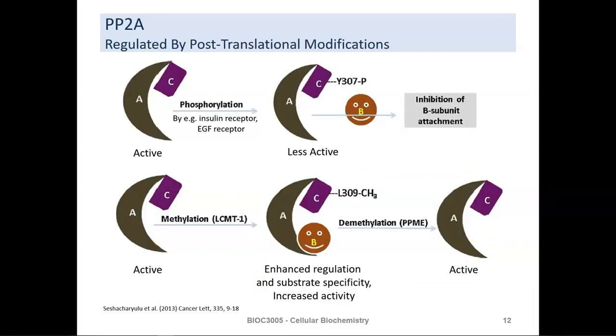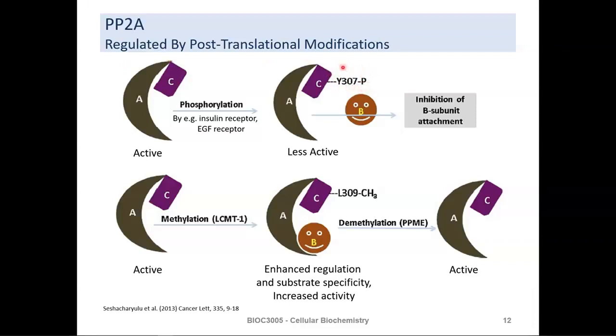We also see for PP2A phosphatases that they are regulated by post-translational modifications. The two main modifications are through phosphorylation or methylation. In the case of phosphorylation, tyrosine 307 is phosphorylated.